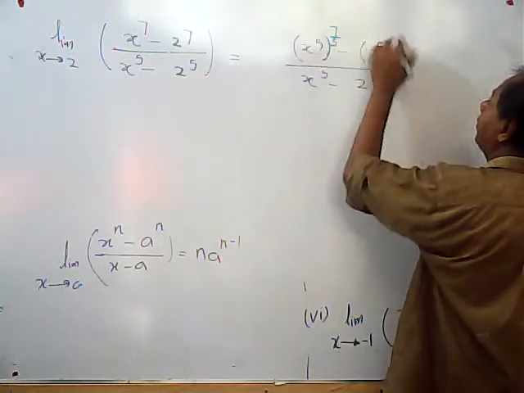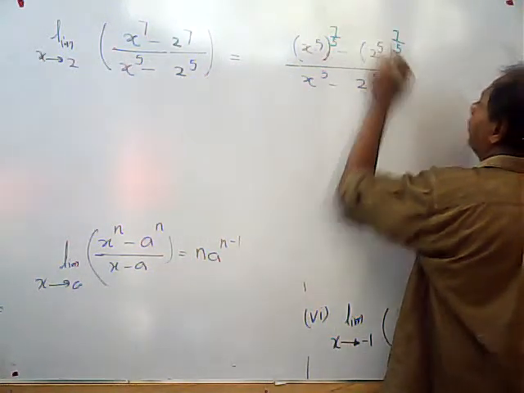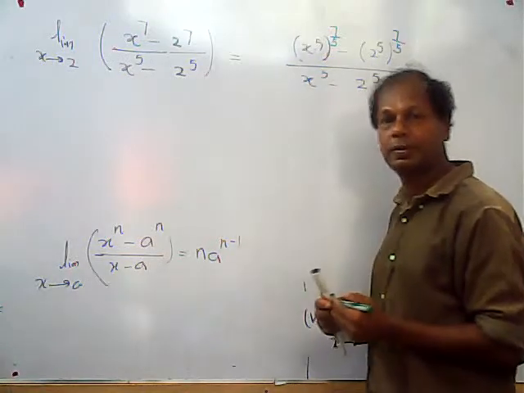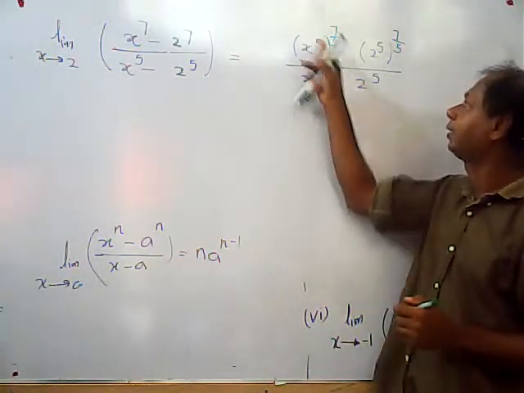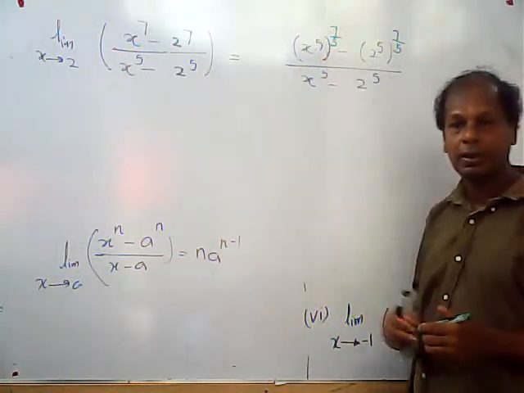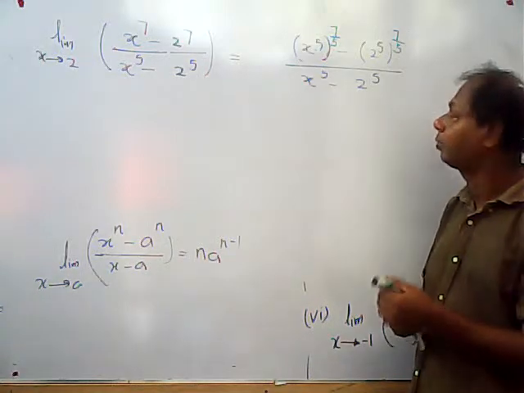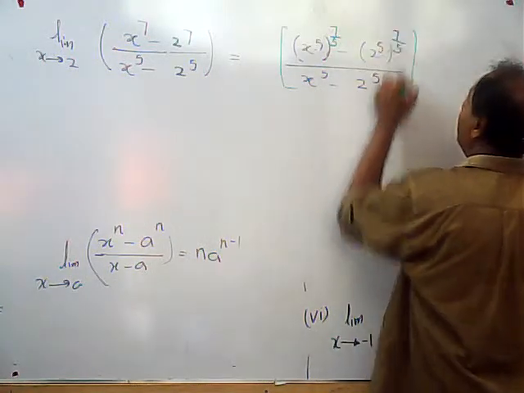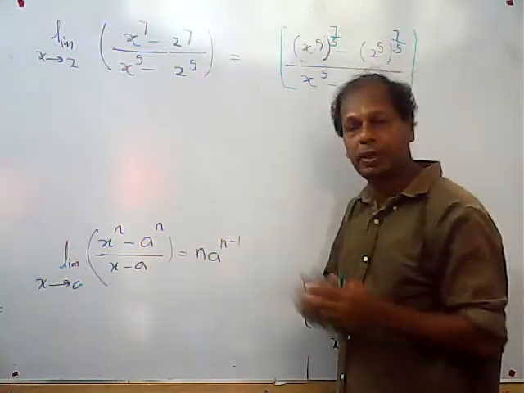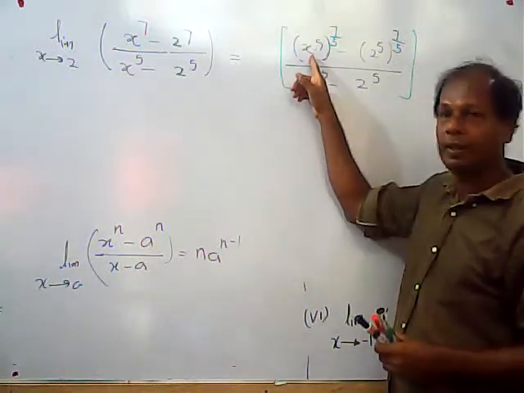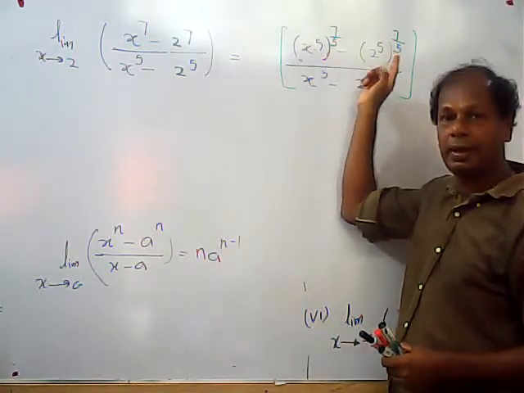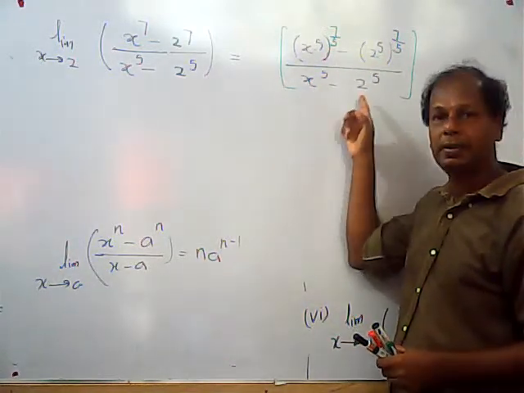You agree with this? So yes, it's all your math. 7 over 5 is correct. So it gives x to the power 7 ultimately. And so it looks like we have x to the power n minus a to the power n divided by x minus a.